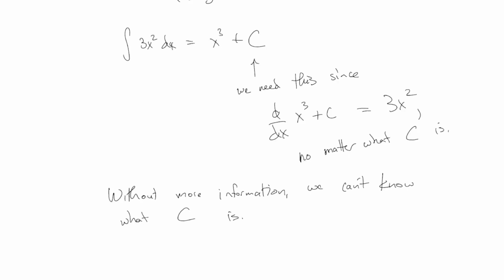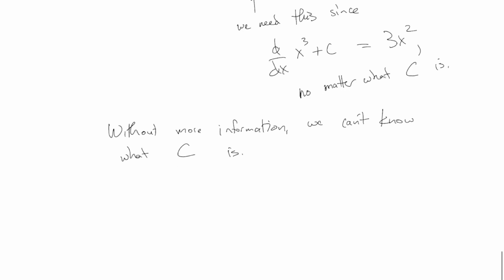It really could be anything. There's no way of telling what specific value the c is without more information. If I do give you some more information, though, then you can often solve for c. So if we're given more info, we can actually solve for the c.